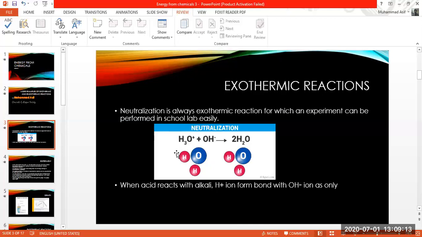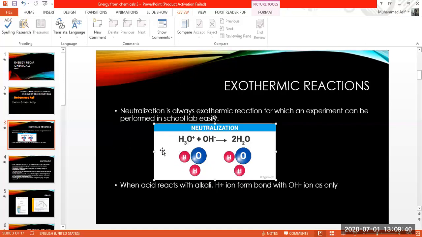Now, acid is represented generally by the H positive ion, which is called a proton, but this proton cannot exist independently. So, it forms a coordinate covalent bond with what molecule? With a water molecule, and after forming a coordinate covalent bond with the water molecule, it changes into the hydroxonium ion.